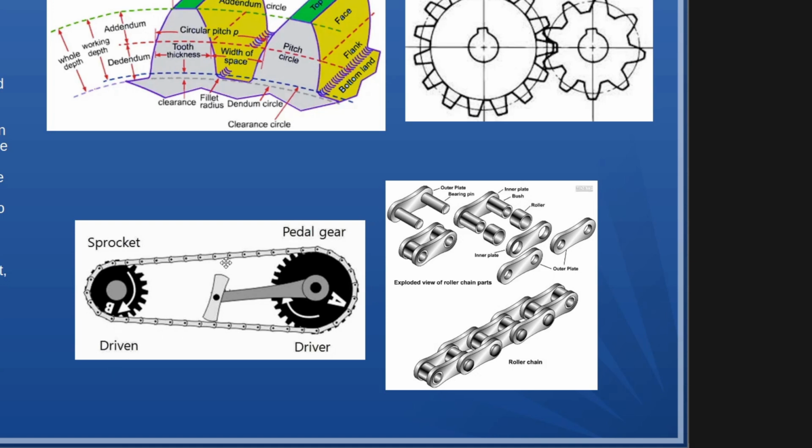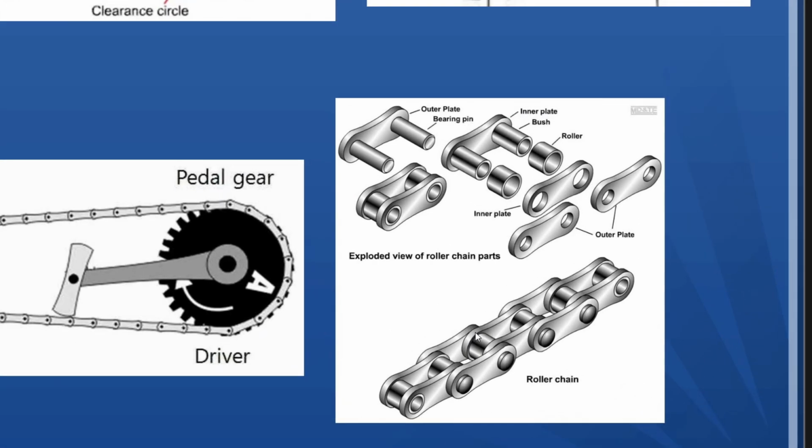Now, if we look at the roller chain itself, it is a very interesting machine element. A roller chain is made up of several basic machine elements, including the outer plates, inner plates, pins, bushes, and rollers.